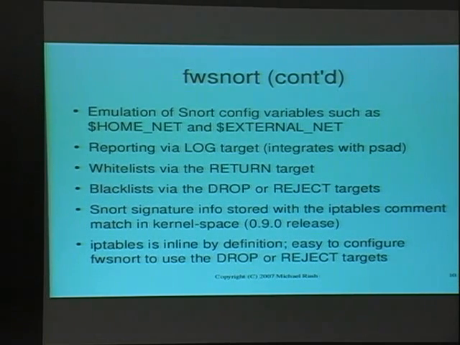So fwsnort, any intrusion prevention system, anything that has the capability of responding to application layer attacks should, and if you're interested in this kind of thing, you should be asking, does it offer the capability of whitelists and blacklists?